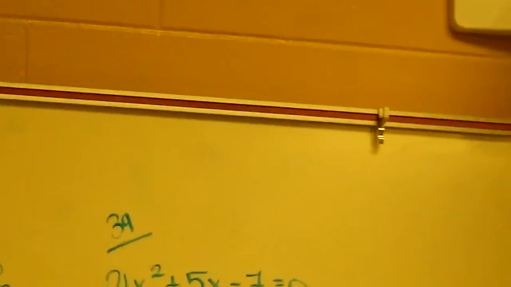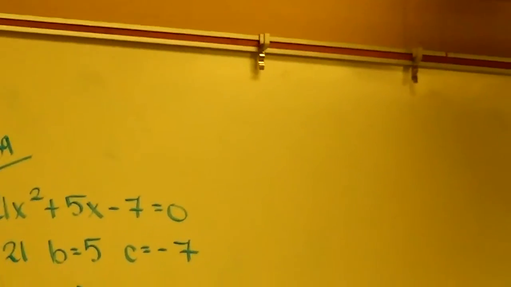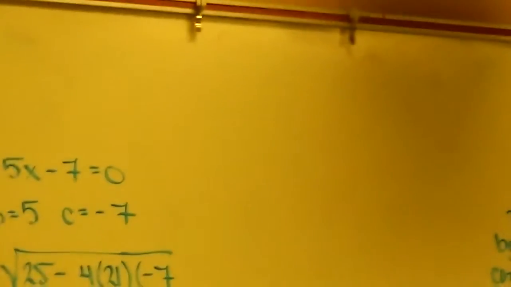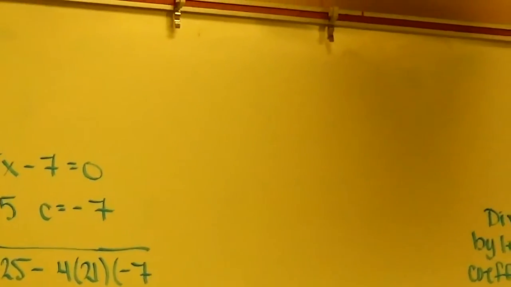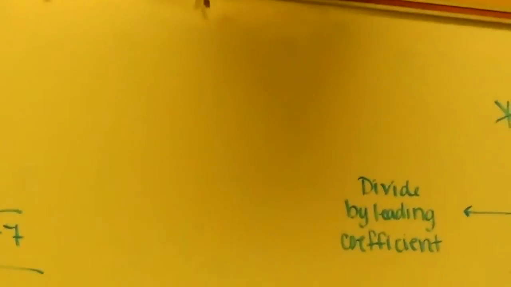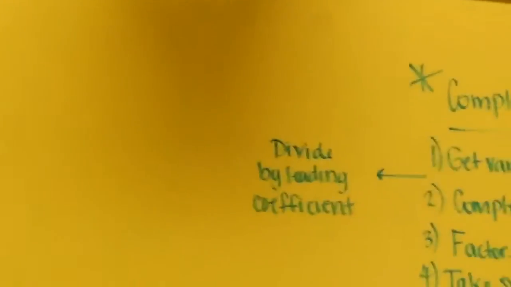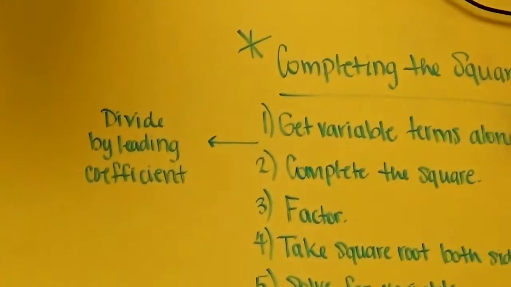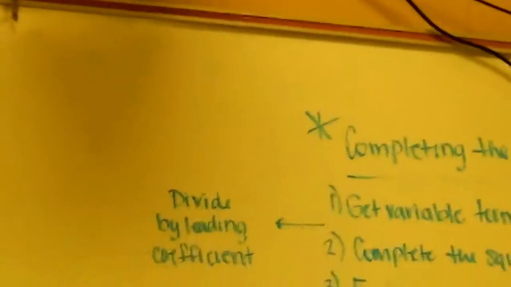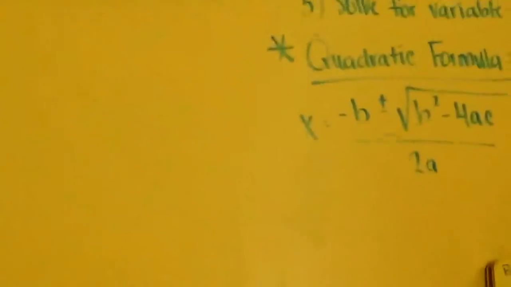So negative 5 plus or minus 24.8, all over 2 times 21, which is 42. How many equations do you have? 2. The first one says x equals negative 5 plus 24.8 all over 42.